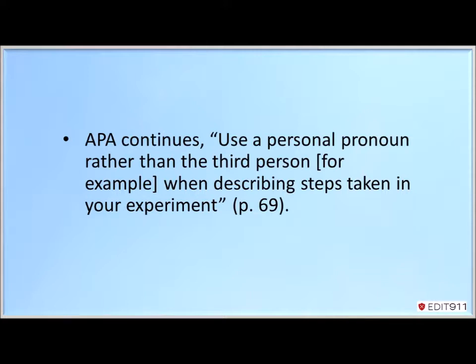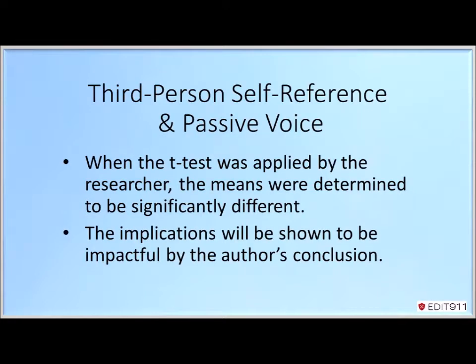When we're dealing with third person self-reference, or what some guidebooks call self-conscious talking, you're going to slip into this really poor passive voice. When the t-test was applied by the researcher, the means were determined to be significantly different.